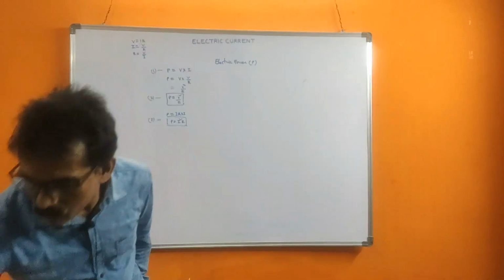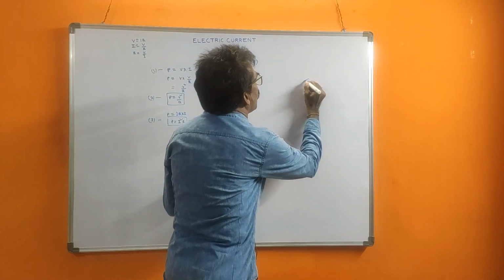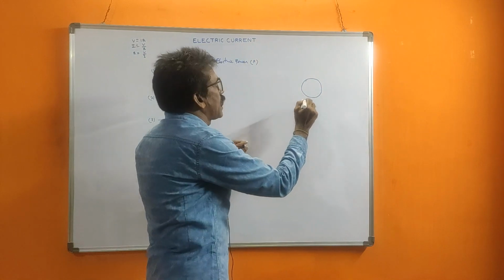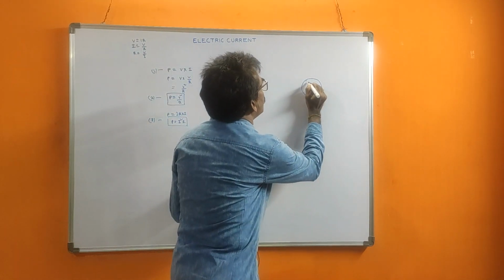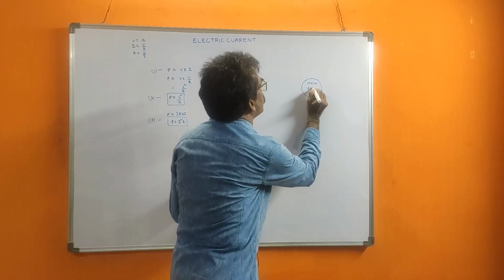See, in our bulbs, everyone has seen the commercial electric bulb, it may have printed on it 100 watt 240 volts like that.